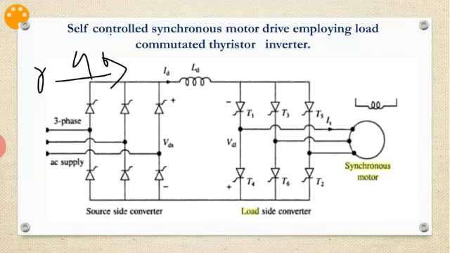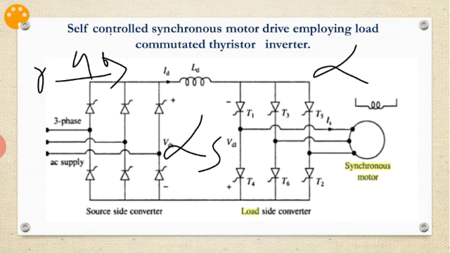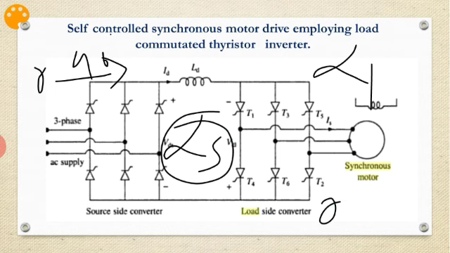Alpha is the firing angle, so I will take the notation alpha s for the firing angle of the source side converter, and similarly alpha L for the load side firing angle. So the first case is when alpha s, the source side converter firing angle, lies between 0 and 90 degrees.